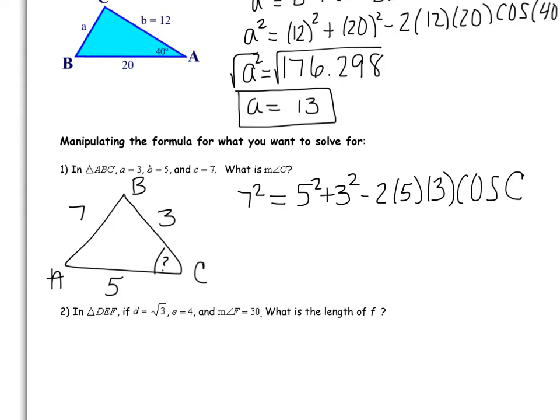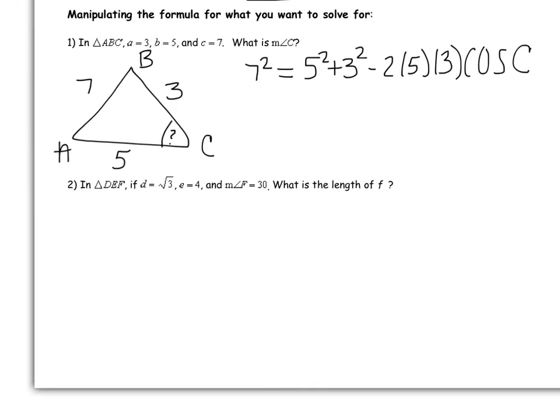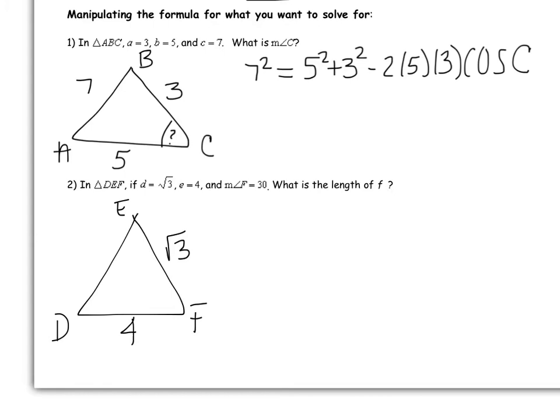Let's try another problem. So again, we've got triangle DEF, so we can go ahead and draw a picture. So triangle DEF. They say D is radical 3, E is 4, F is 30. They want to know the length of side F. So again, isolate the angle that's given.